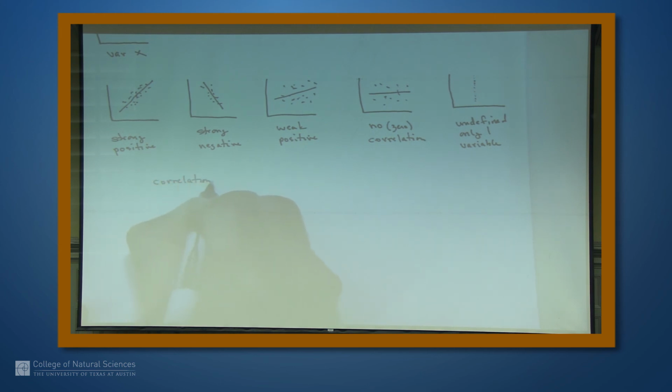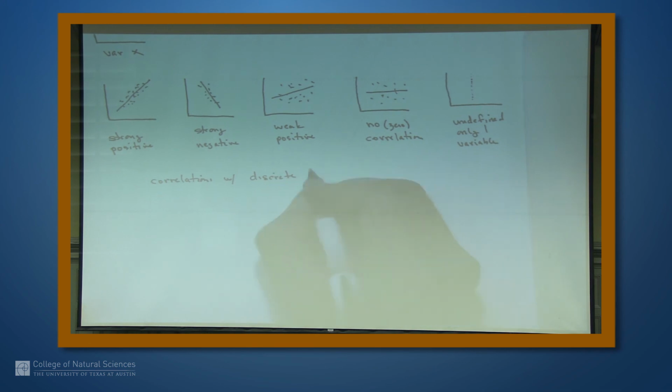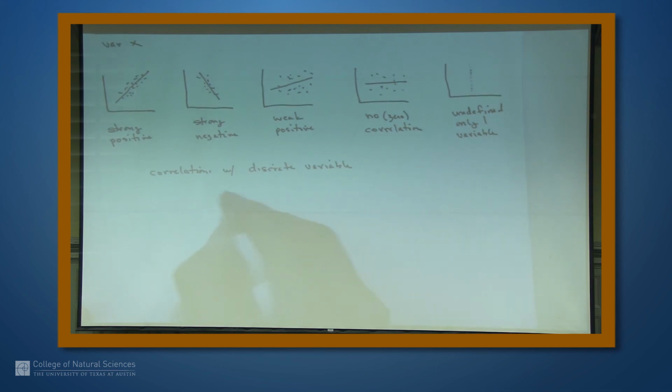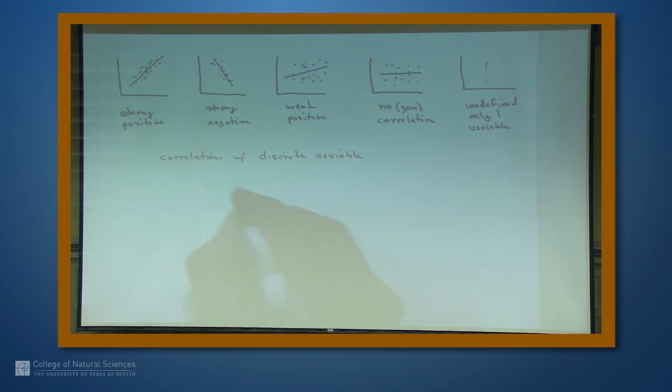Okay, now there's also correlations with discrete variables. And last hour I didn't explain this well enough. So let's say we have a correlation with gender.